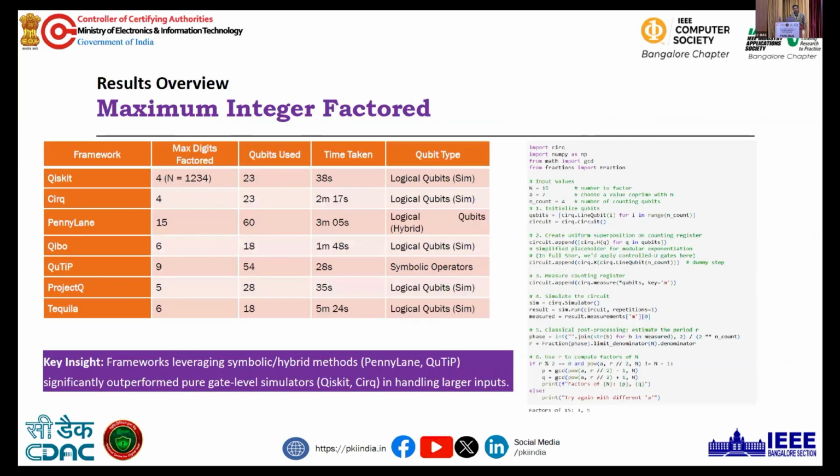So moving to the next slide, these are our results. PennyLane achieved the best outcome, with 60 qubits and a maximum of 15 digits. This is the current capability at the software level. In one of the Chinese papers at the hardware level, on real quantum computing, they have compromised 22 bits of RSA.